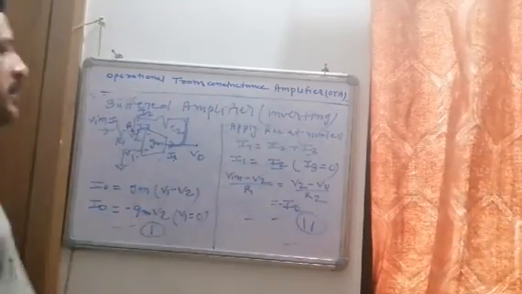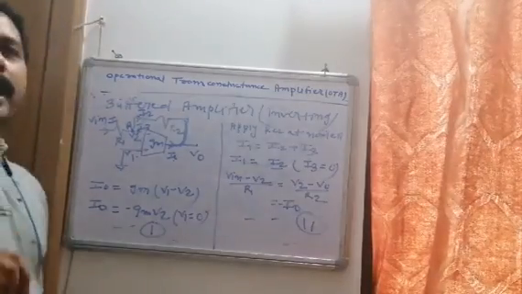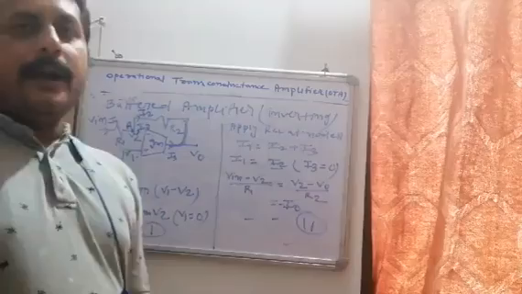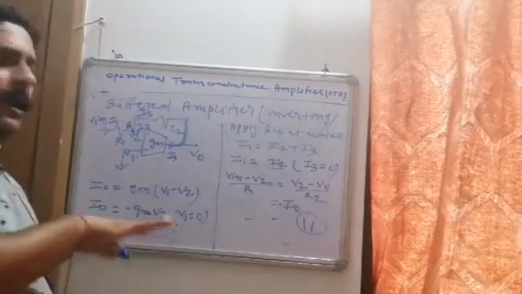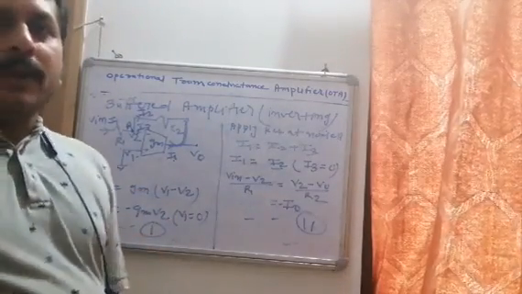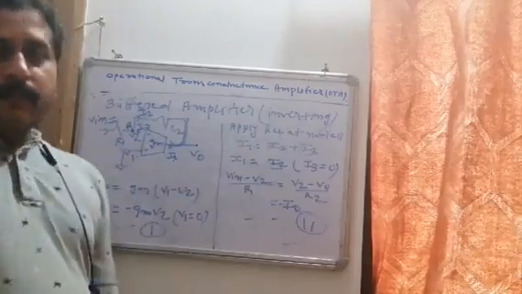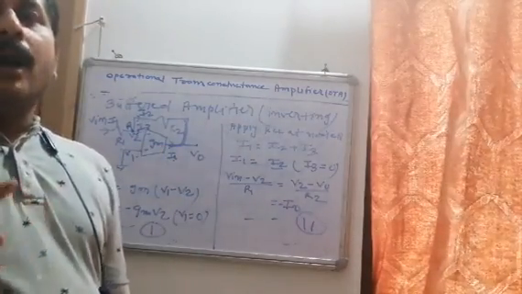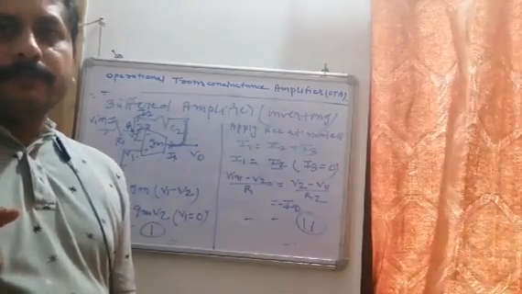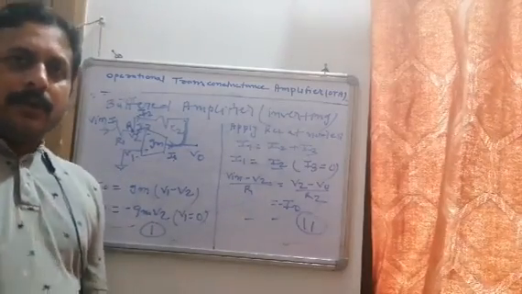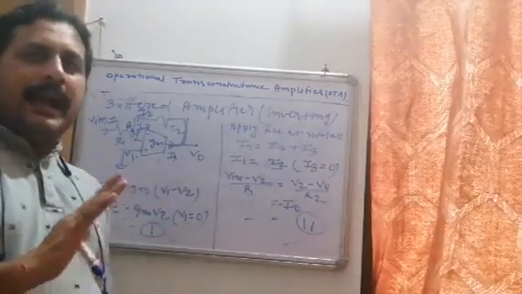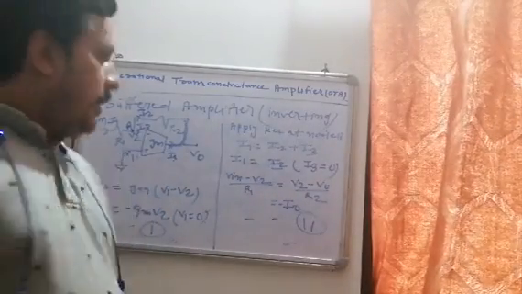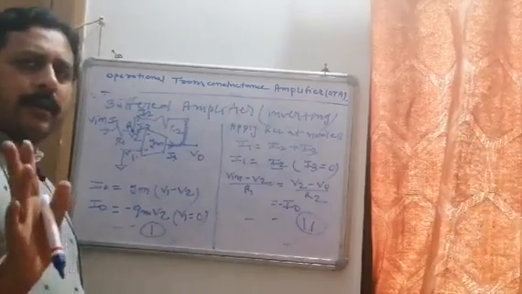With the help of these two equations, we can find the value of voltage gain, that is V naught by V in, and we can also use a small signal model for finding the output impedance R naught. So here I am directly writing the expression of voltage gain as well as output impedance. Basically there is no rocket science.